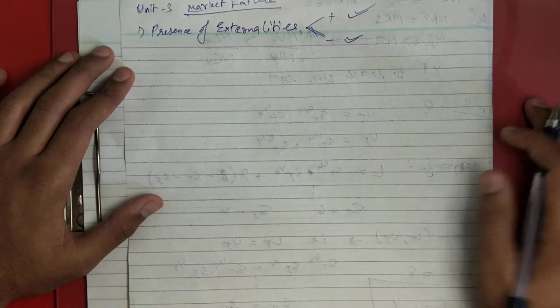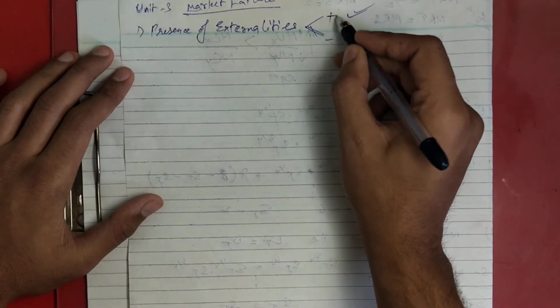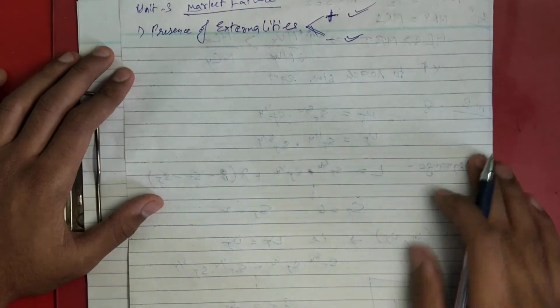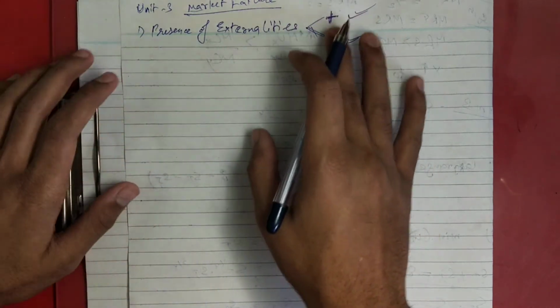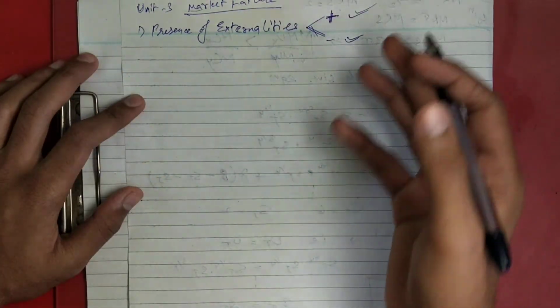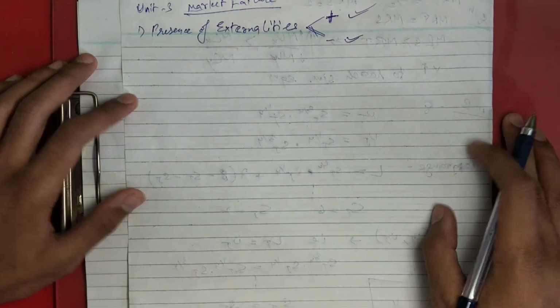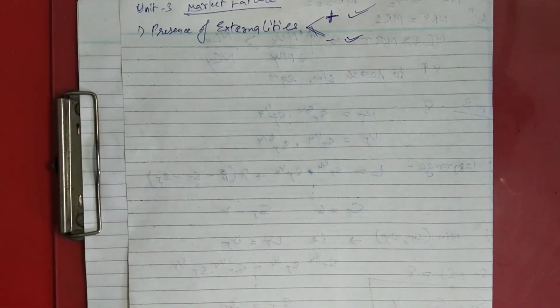So this is a kind of positive externality for Ram, the smoker, for which he has not paid any payment, and Sham has not received any payment. So these were the examples of positive and negative externality.